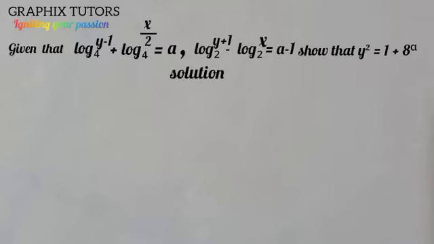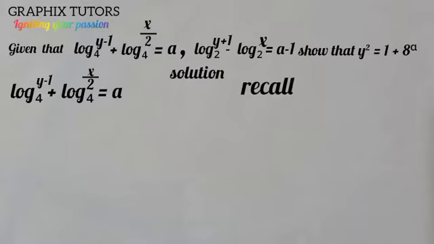So I'll pick the first expression first, which is log (y minus 1) to base 4 plus log (x over 2) to base 4 equals a. Now recall, log b to base a plus log c to base a will give us log bc to base a.